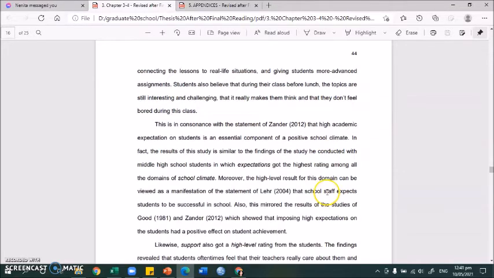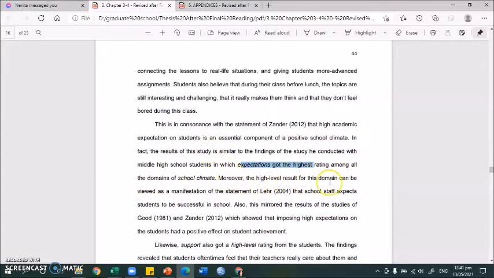And then after that, your supporting literature. Okay? So, this is in consonance with the statement of Zander. Okay, ito yun. Literature source. That the high academic expectation on students is an essential component of a positive school climate. In fact, the results of this study is similar to the findings of the study he conducted with middle high school students, in which expectations got the highest rating among all the domains of school climate.